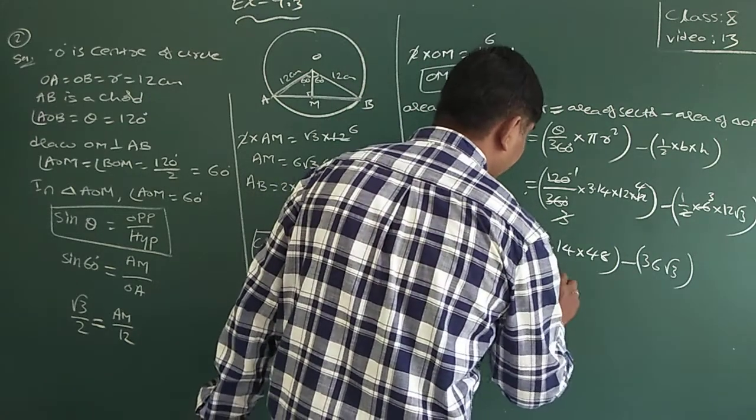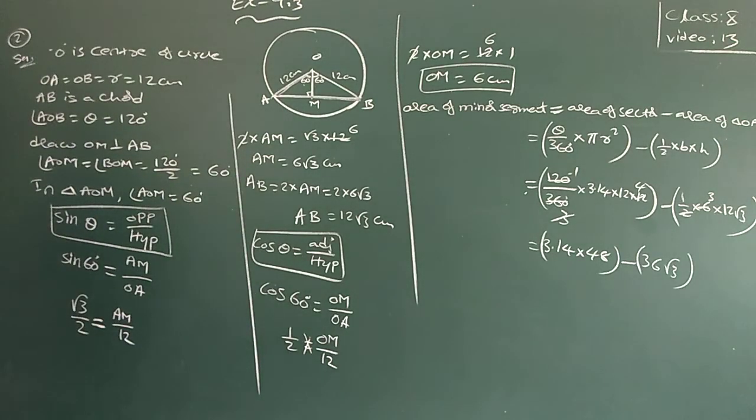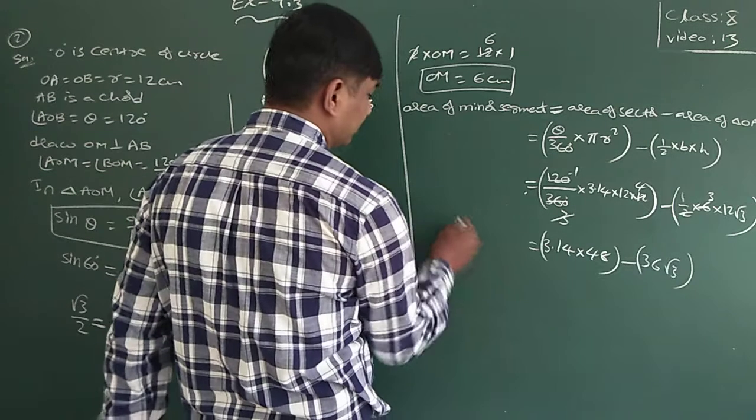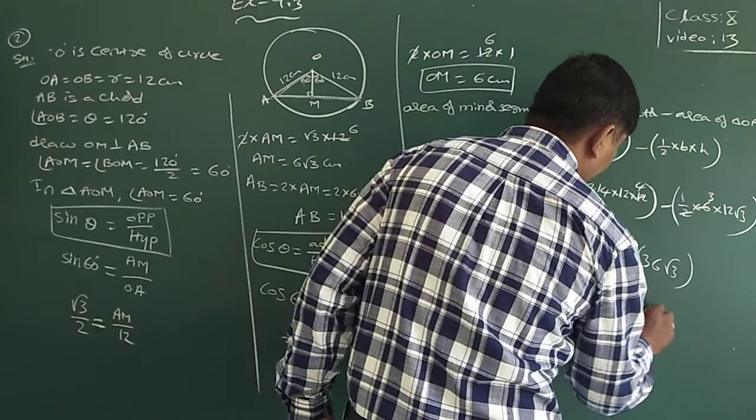Now multiply 3.14 into 48, which is 150.72. Again 36 into 1.732, the root 3 value.